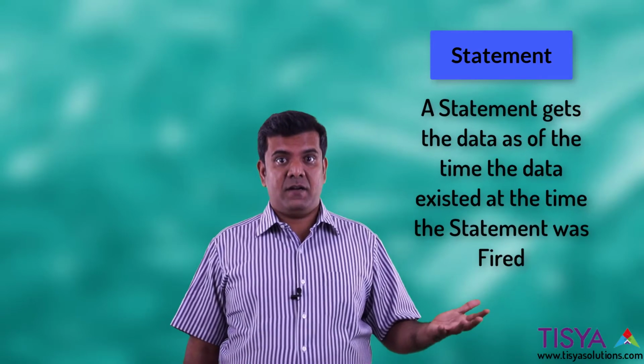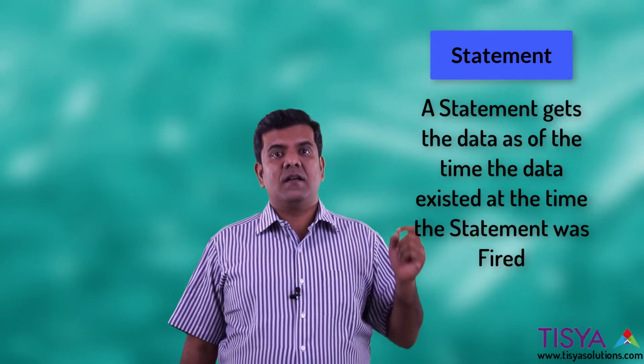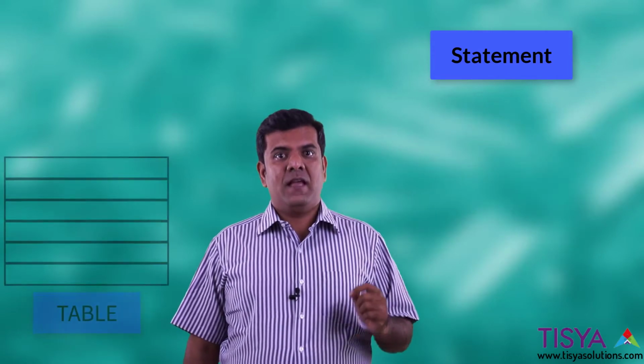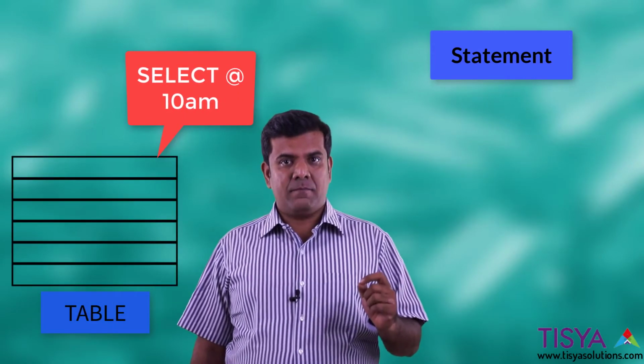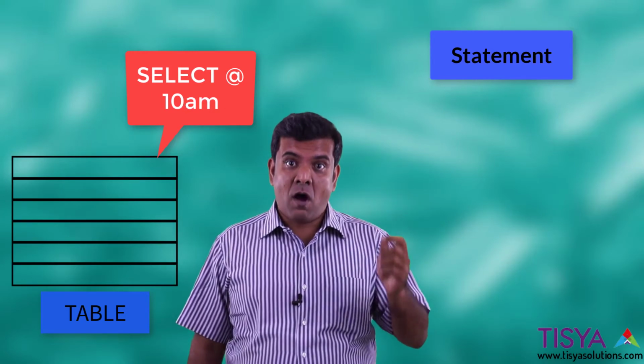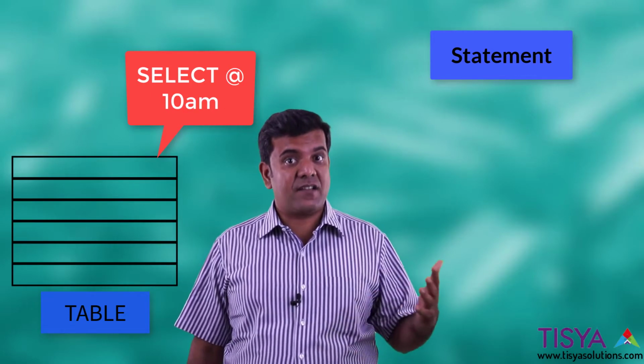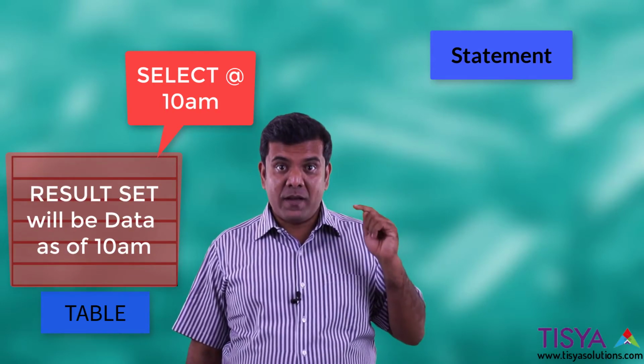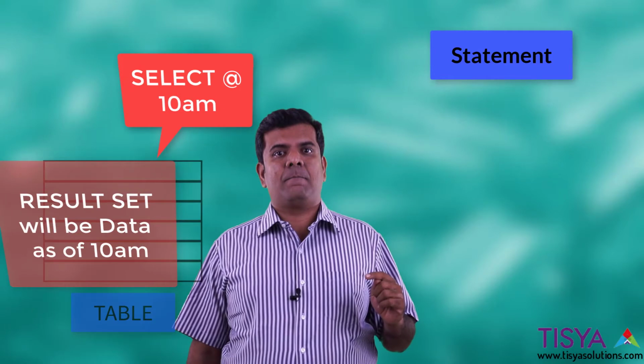If a select statement is fired, and whether it takes a second to execute or 100 seconds to execute, the result set of that statement will be as of the time the select statement was fired. For example, if a query was executed at 10 a.m., irrespective of how long it takes to run the query, even if it takes a day, the result will be as of 10 a.m. when the query was fired.